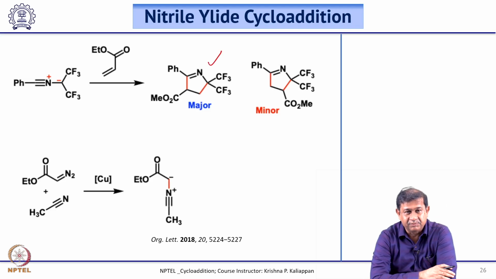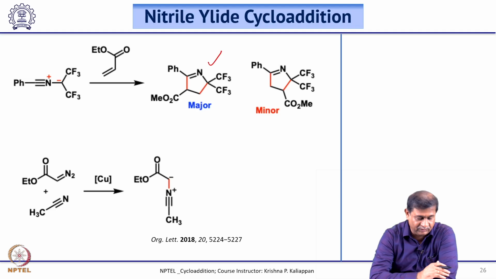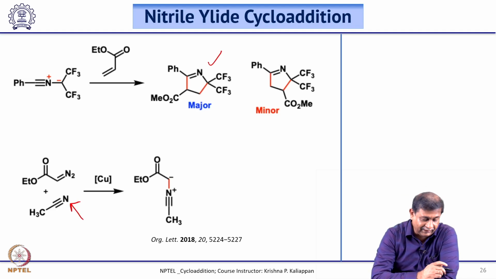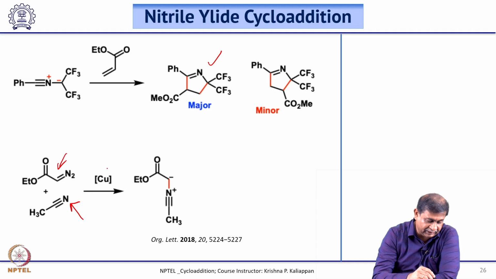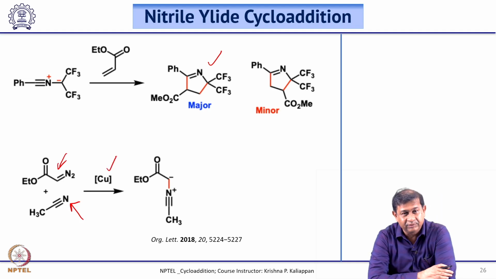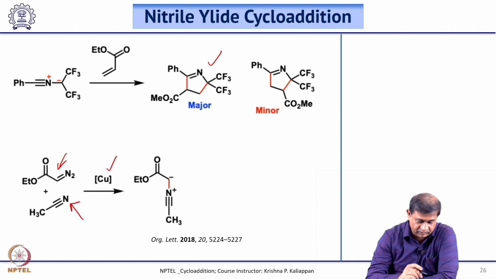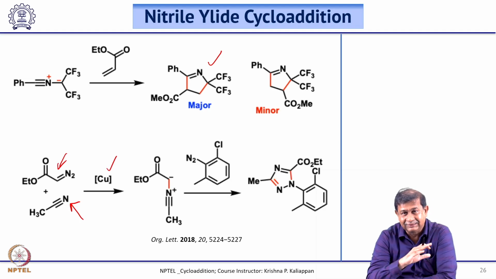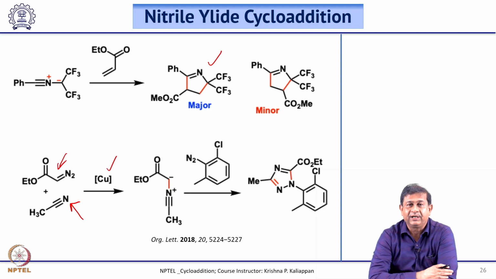And this type of nitrile ylides, as I said, you can easily prepare by mixing a nitrile and the diazo compound in the presence of copper or rhodium catalyst to generate this nitrile ylide in situ, and once you have that, this can undergo 1,3-dipolar cycloaddition with various dipolarophiles.